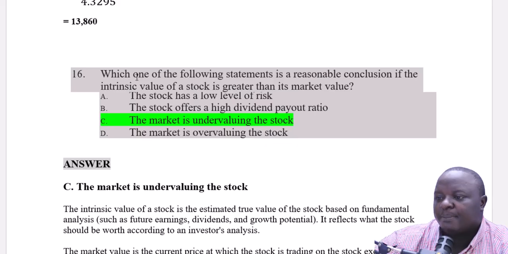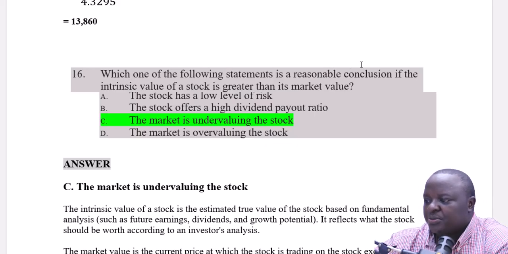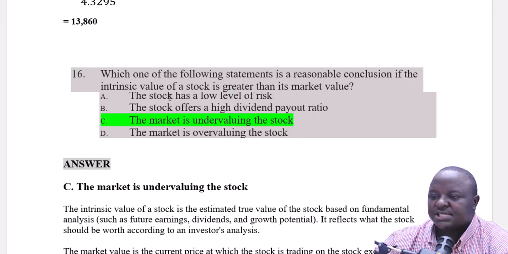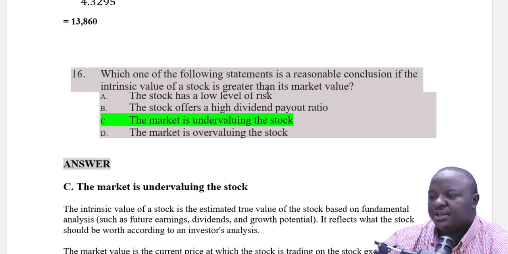Number 16. Which one of the following statements is a reasonable conclusion if the intrinsic value of a stock is greater than its market value?